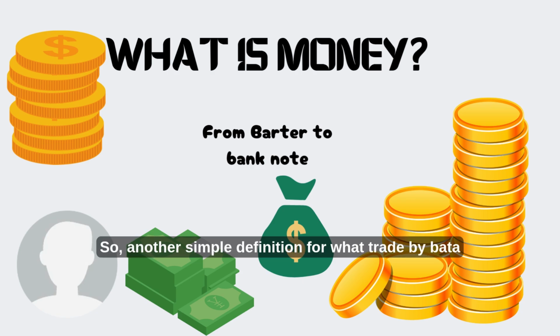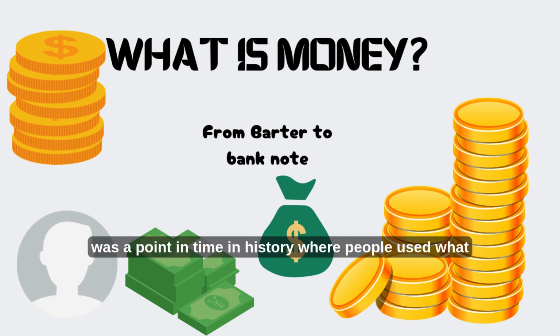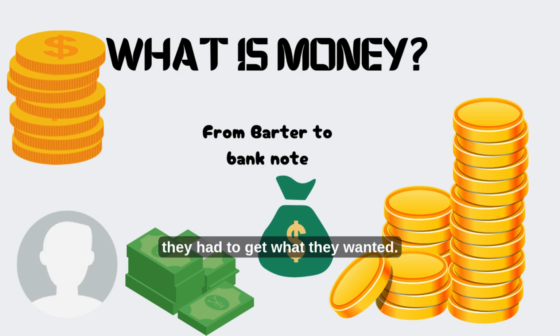Another simple definition for trade by barter is that you are using what you have to get what you want. So there was a point in time in history where people used what they had to get what they wanted.